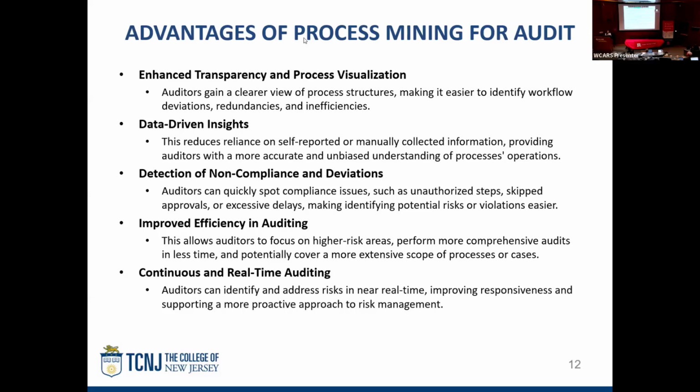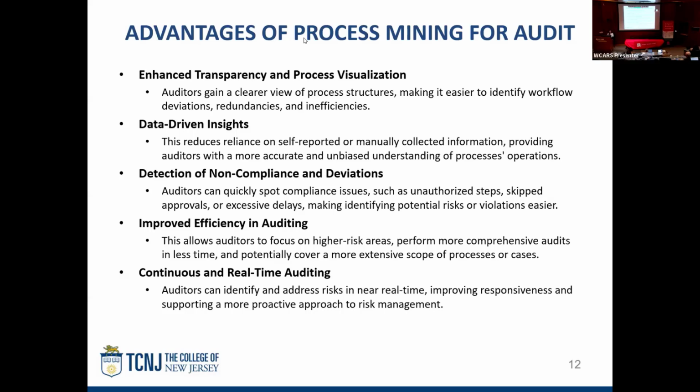Also, we can easily detect non-compliance deviations by looking at the deviated paths or outliers. We can see skipped approvals, excessive delays, or other potential violations within the business process.